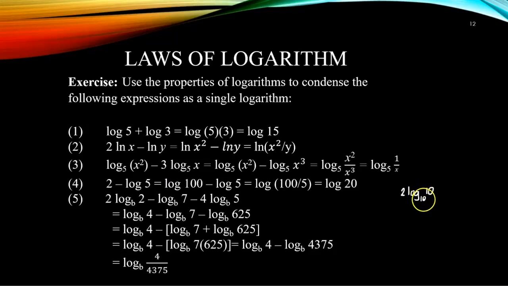Even if I don't specify the base, it's understood to be base 10. That's why you can say logarithm of 10 squared, or logarithm of 100, is the first term.